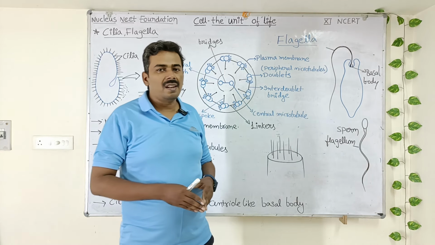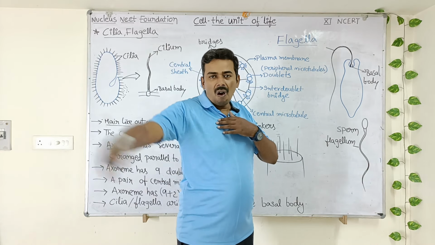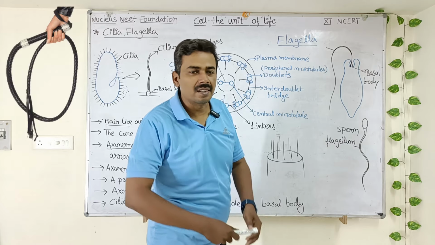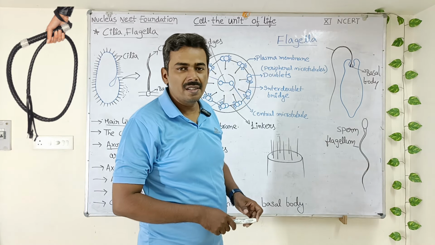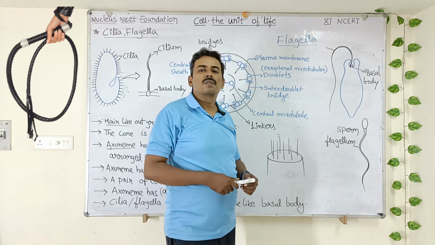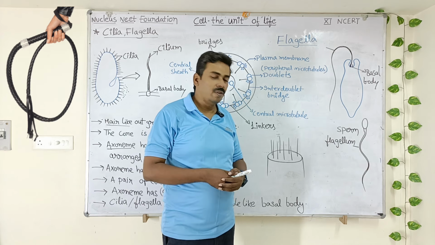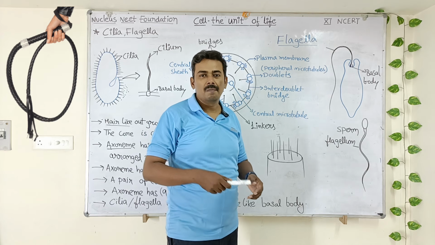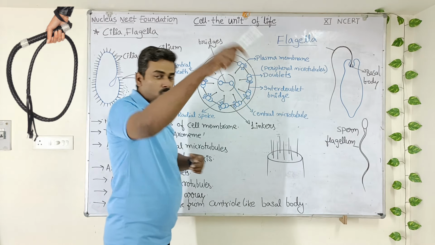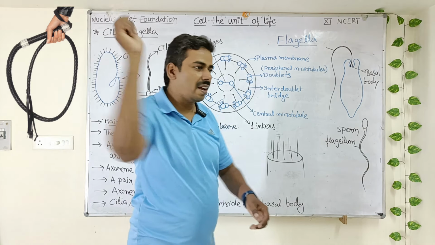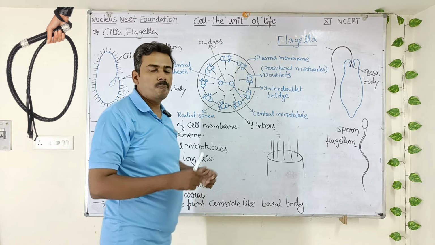Then what are flagella? Flagella are long whip-like structures. We use a whip for punishing someone, right? Kings used to punish criminals by whipping them. A whip is a long rope-like structure. If you hit someone with it, it will cause a lot of pain and injury.